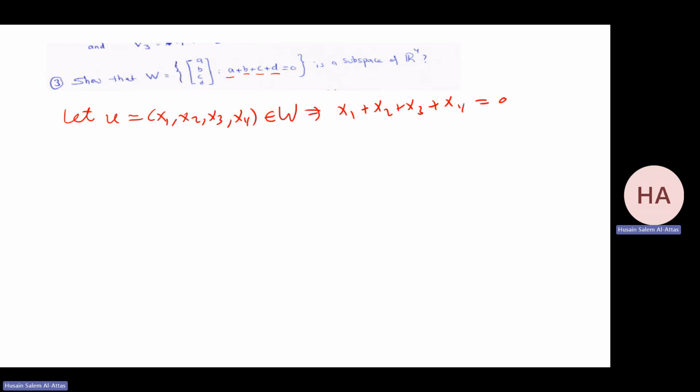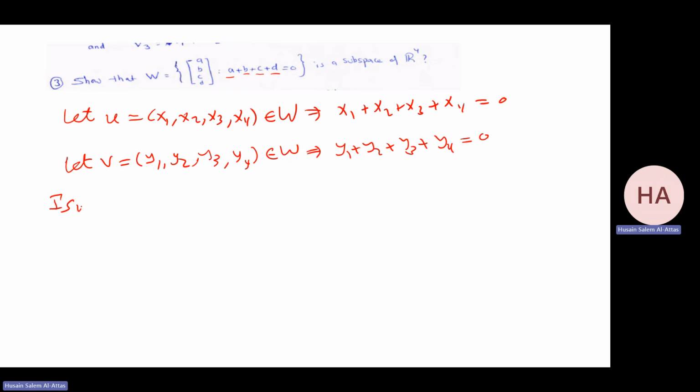The next one, I let V equal y1, y2, y3, y4 belong to W. That means y1 plus y2 plus y3 plus y4 is equal to 0. So I need to check whether U plus V belongs to W or not.